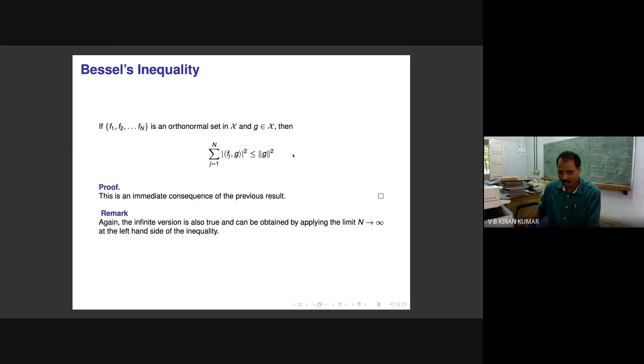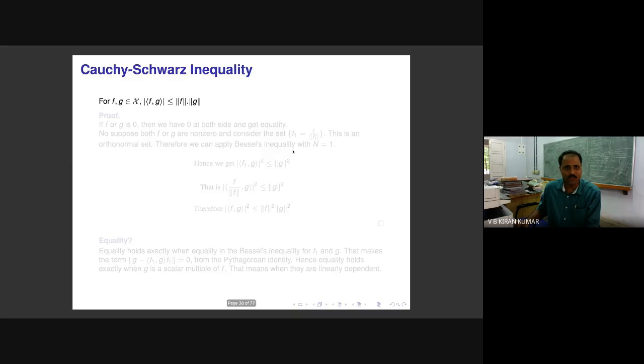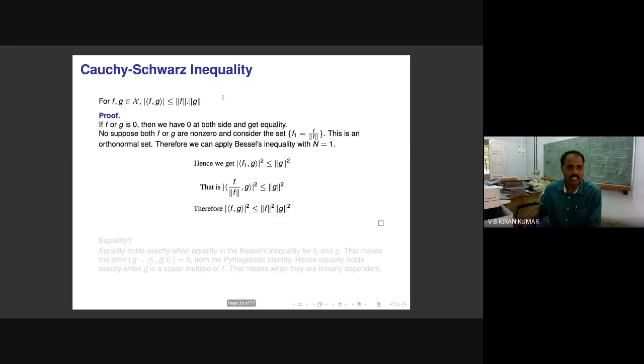Okay. Now using this, we are going to obtain the famous Cauchy-Schwarz inequality. It tells you that for every f and g in an inner product space, the absolute value of the inner product of f and g is bounded by norm f into norm g. Let me prove this. If f or g is 0, then both sides are 0. If f is 0, this side is 0 and this side is 0. So you have equality.